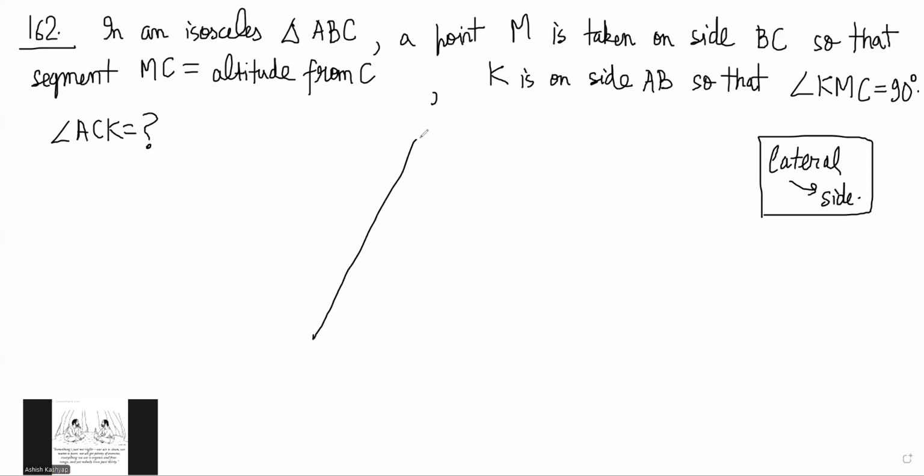Most likely it means just, this is an isosceles triangle. I will take BC as this lateral side and AB as this lateral side. A, B, C. It was an isosceles triangle. So those are the two lateral sides which are on the side. They are not the base.